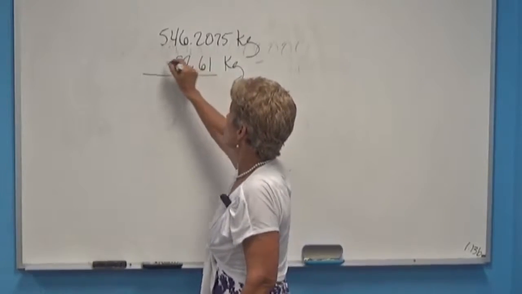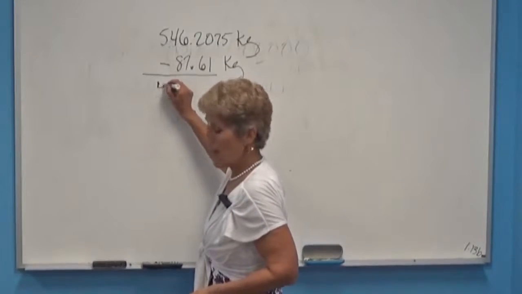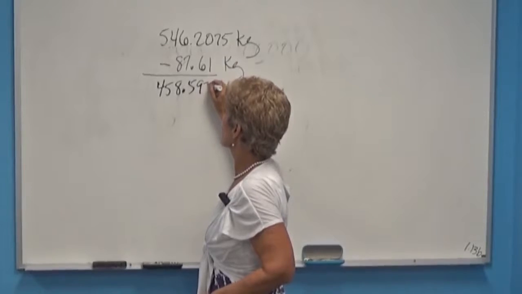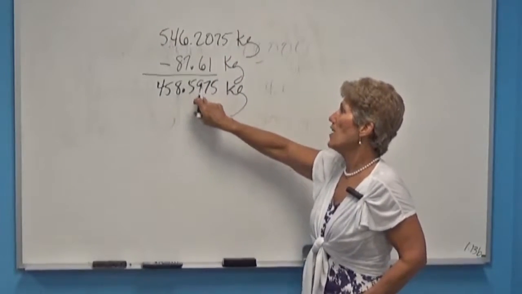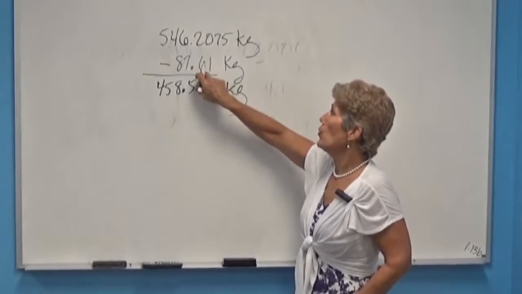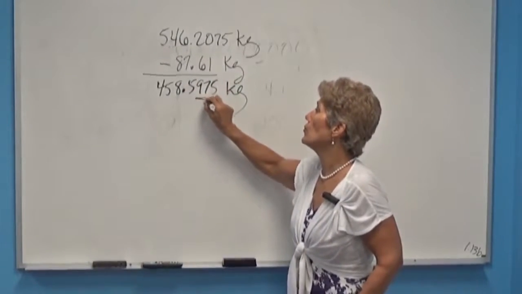Okay, so we're subtracting these two. I'm just going to do both these problems. When we subtract them, the answer that you get has significant figures out to the tenths, hundredths, thousandths, ten-thousandths place. But the original equipment, this one only went out to the hundredths place. So our answer can only go to the hundredths place.